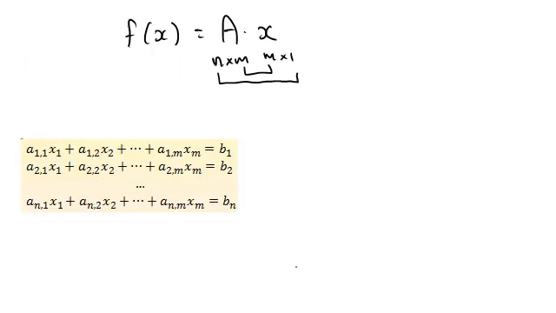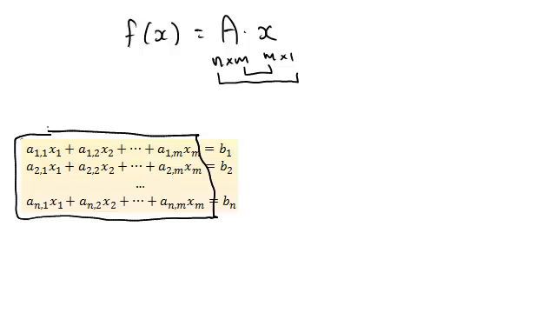We also know that A times x is the left-hand side of an n by m system of equations. That is this part here, that's A times x, and we clearly see that each row is a linear function of the x variables, and this is why we say that the function f is a linear function.